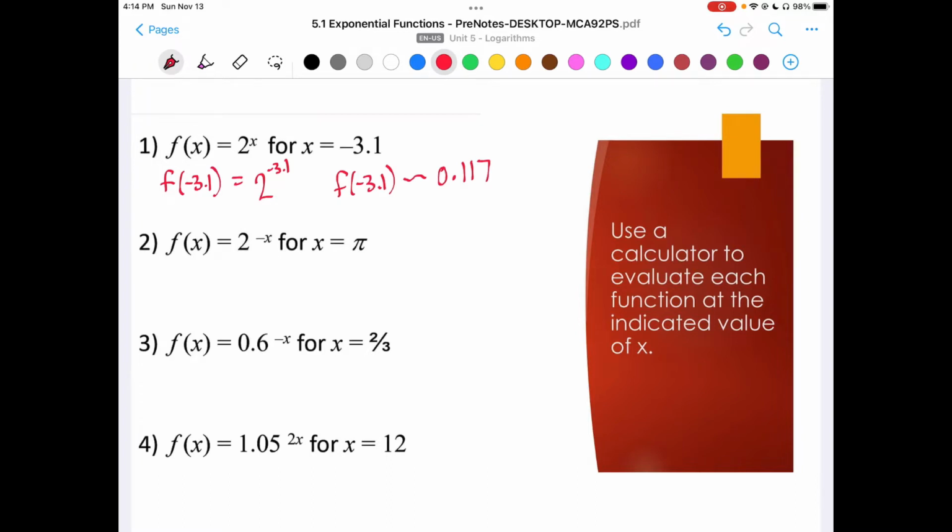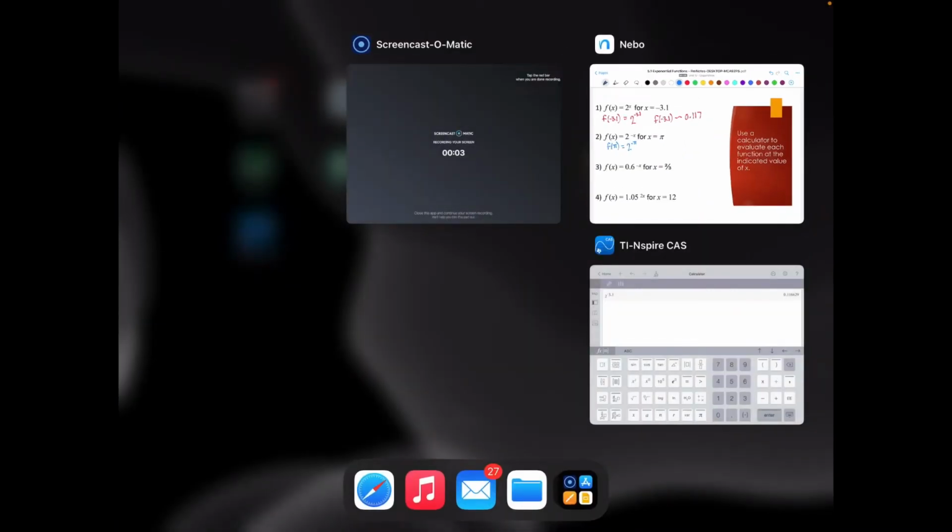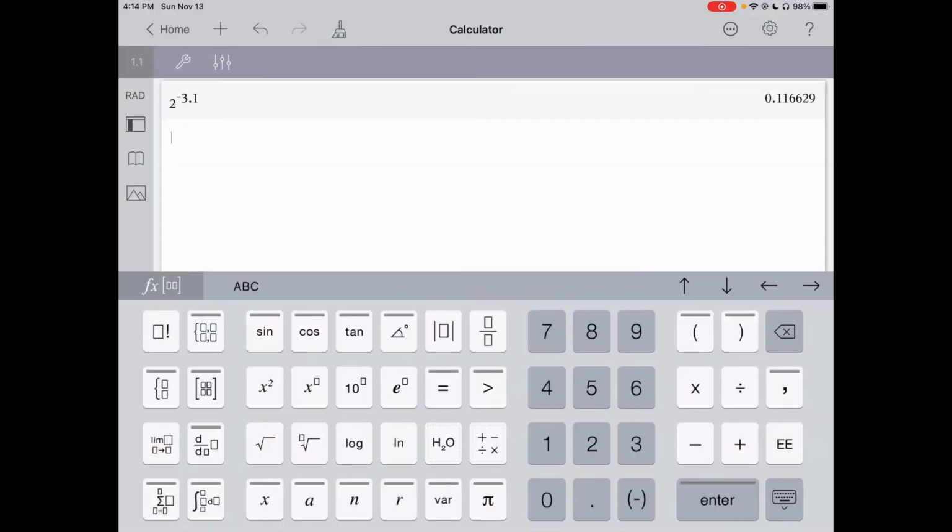f of, looks like we're replacing x with pi. So we get 2 to the negative pi. And just go to our calculator. Say 2 to the negative pi. I hit enter. Obviously, pi is irrational.